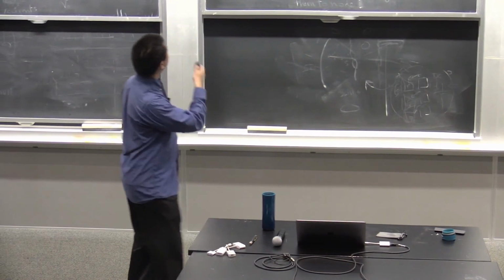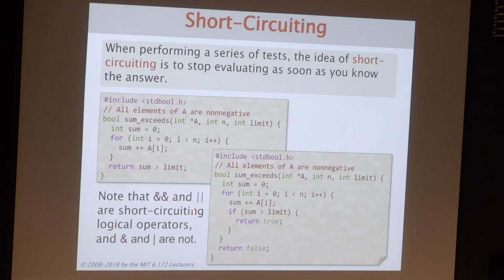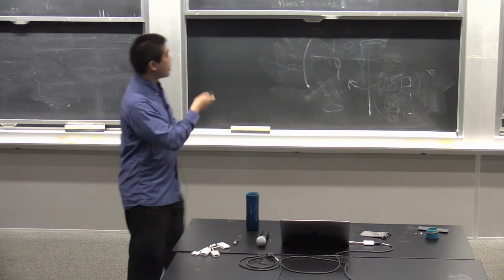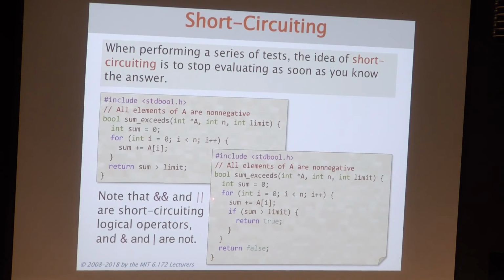Okay, and I want to point out that there are short-circuiting logical operators. If you do double ampersand, that's a short-circuiting logical AND operator. So if it evaluates the left side to be false, it means that the whole thing has to be false, so it's not even going to evaluate the right side. And then the double vertical bar is a short-circuiting OR.